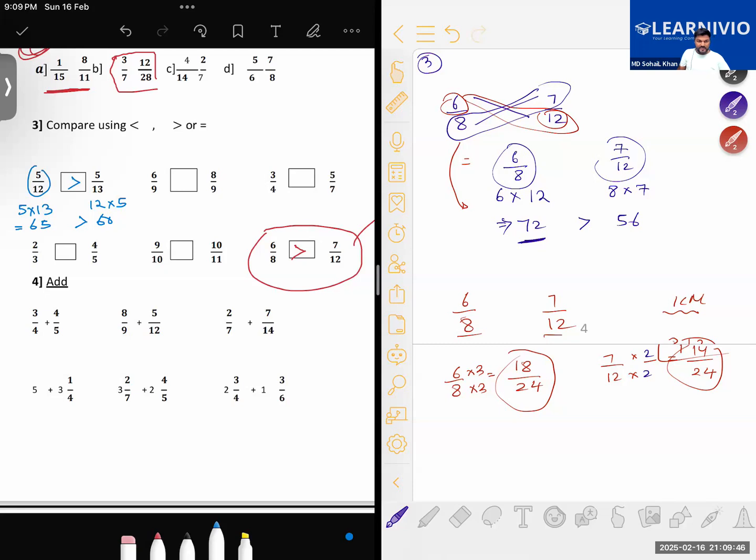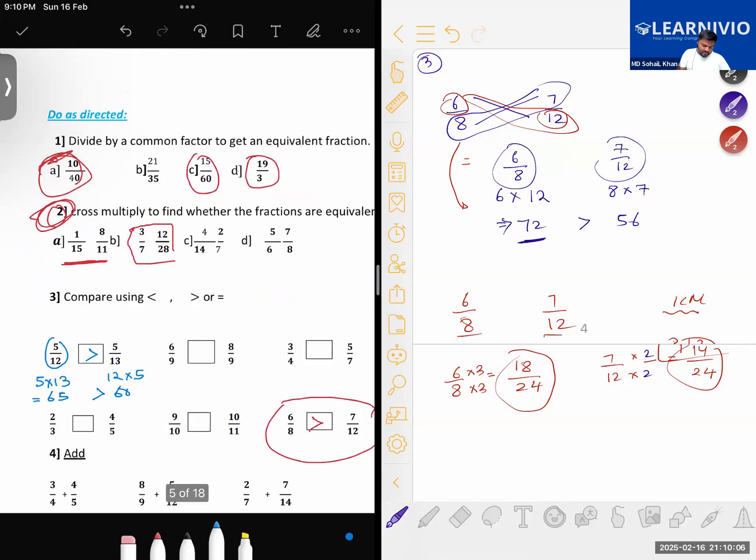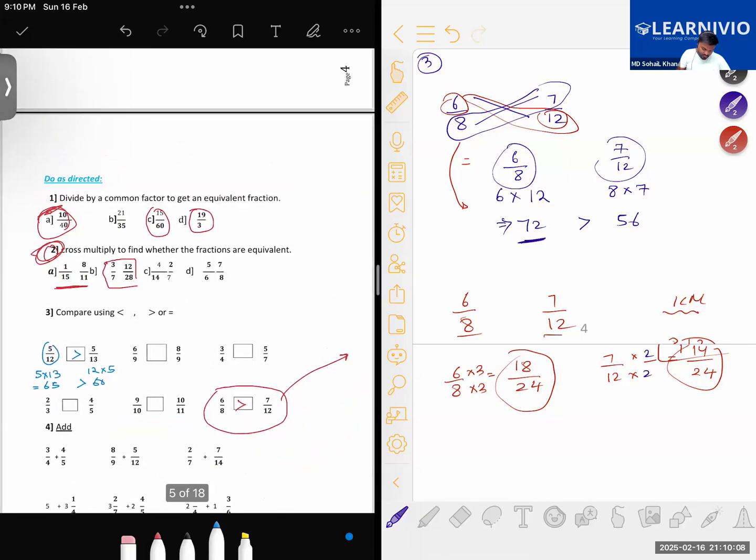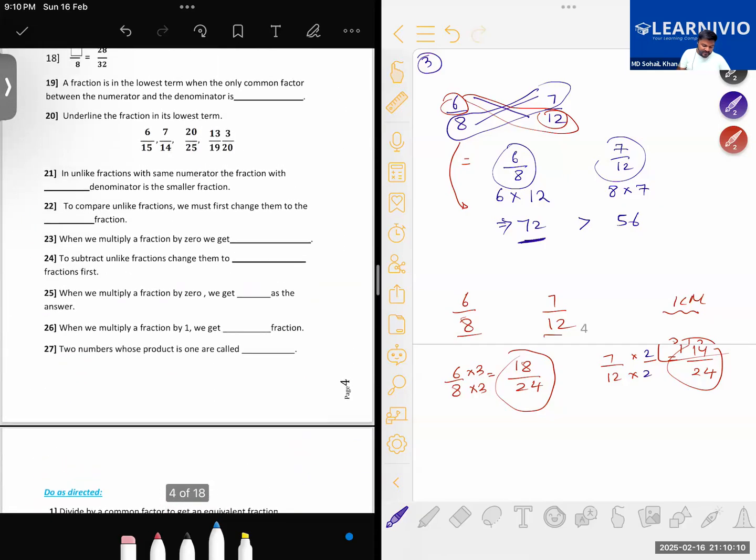Like this, solve the other one quickly. But it looks like 5 upon 13 is bigger. Moments ago, if you recall, in question number 21, we learned that in unlike fractions with the same numerator, the fraction with the bigger denominator is smaller.